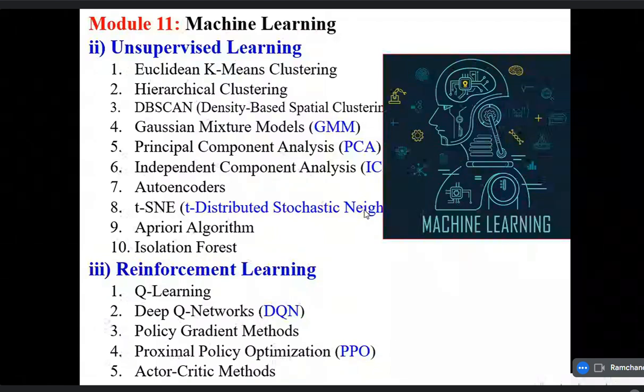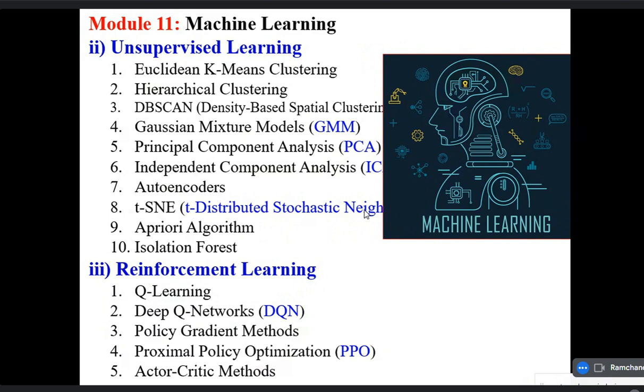Once we get similarity measure, it comes under unsupervised learning, and we are applying many clustering algorithms like k-means clustering, hierarchical clustering, DBSCAN clustering. DBSCAN is nothing but density based spatial clustering. Then Gaussian mixture models, that is called GMM.